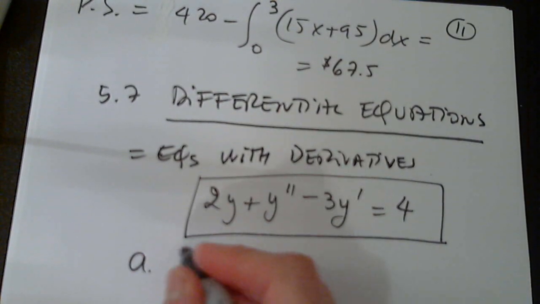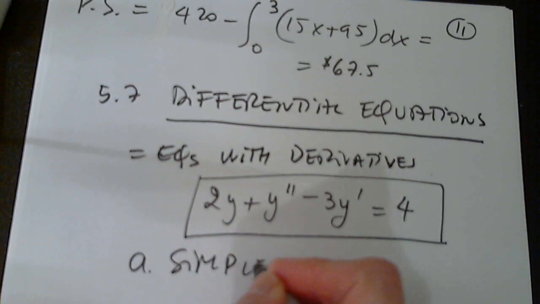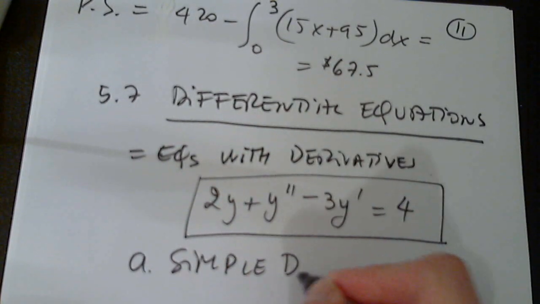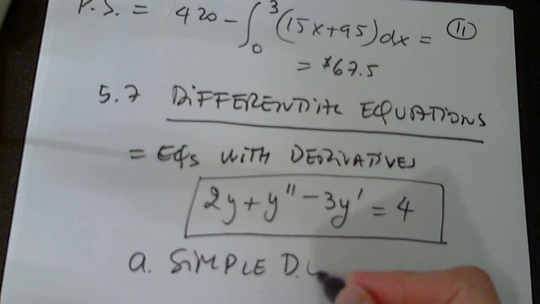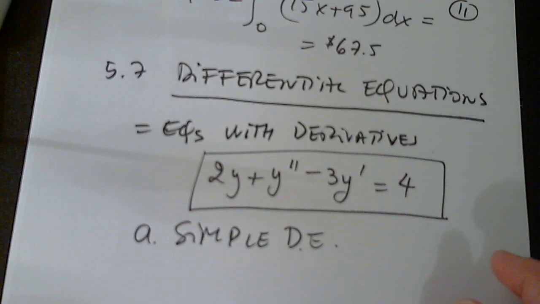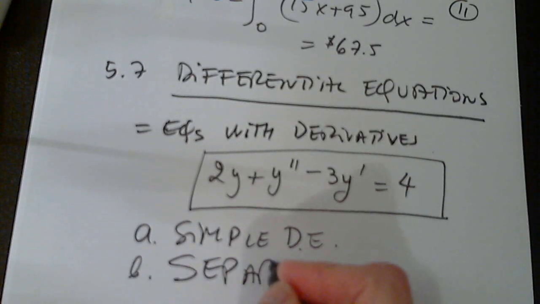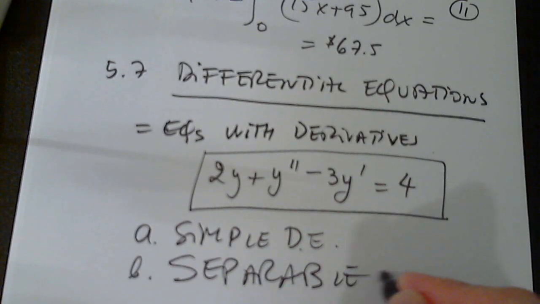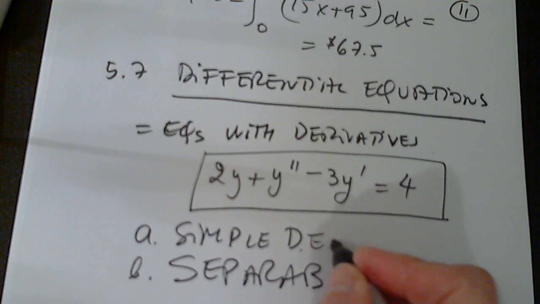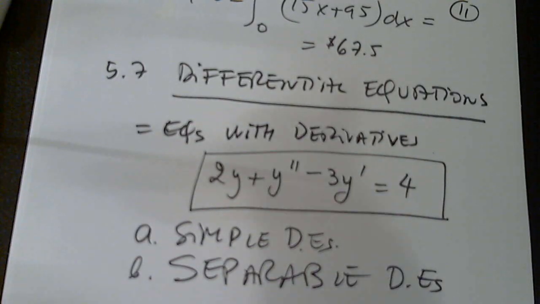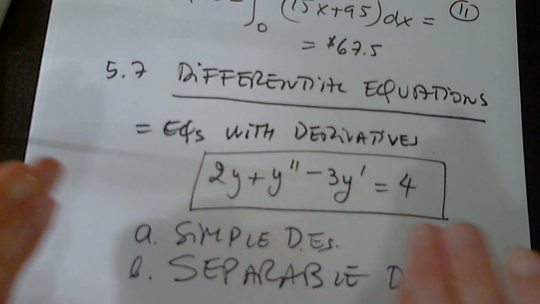So A, simple. The abbreviation is DE for differential equations. And part B, separable differential equations, in which we are going to separate the variables.